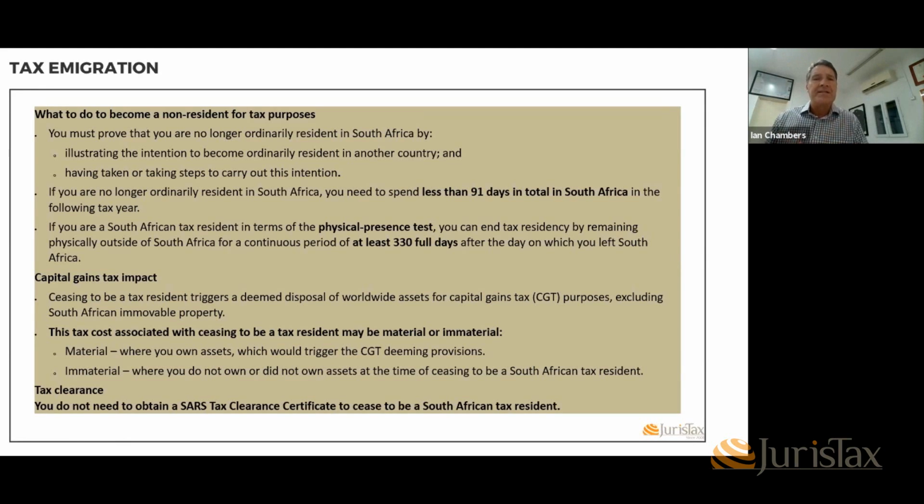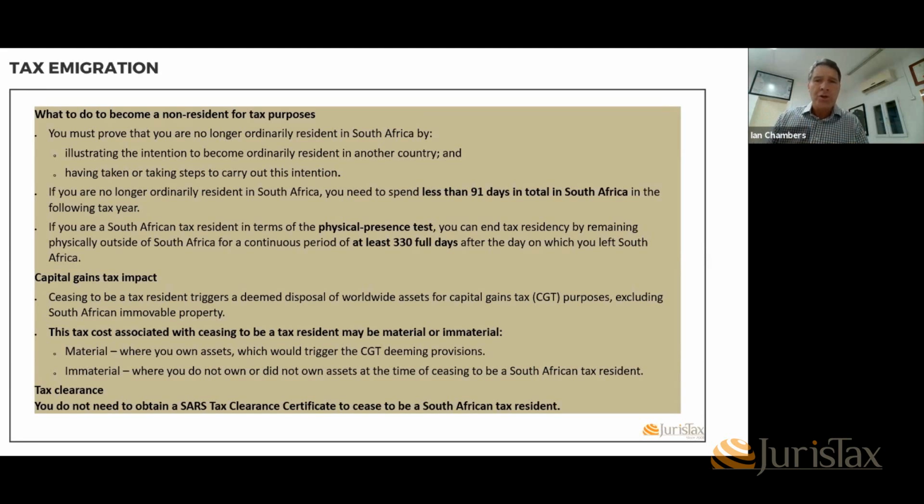But a non-resident is subject to tax in South Africa at the time they dispose of immovable property in South Africa. So hence, because there will be a capital gains tax at the time the immovable property is disposed of in South Africa, there's no deeming provision, and hence the CGT will be levied at the time of disposal.